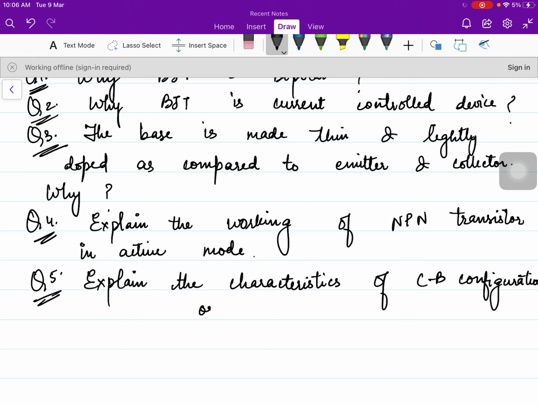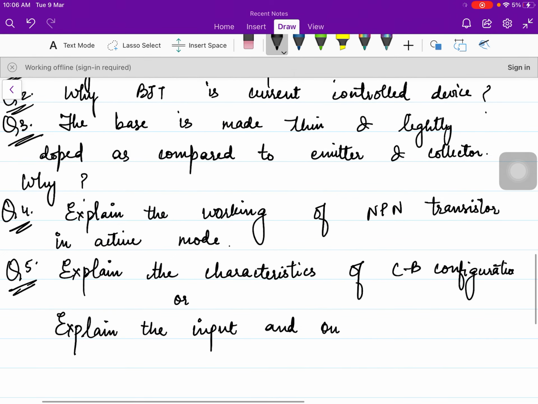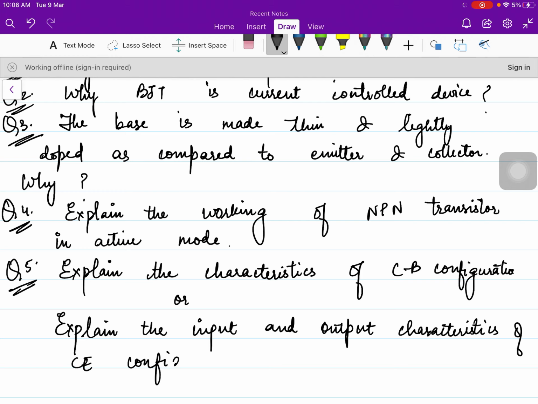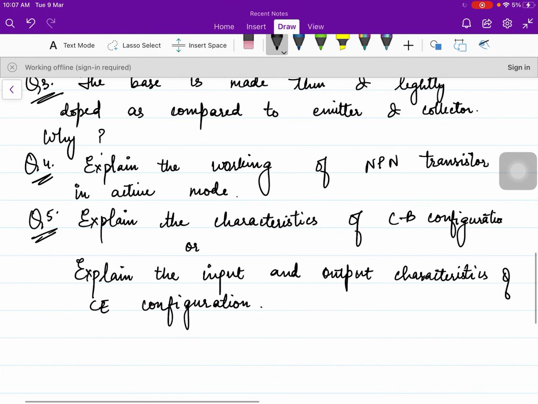Either you will be asked this question, or you will be asked to explain the input and the output characteristics of common emitter configuration. Either of the questions will be surely asked in the exam, I think so, because they both are very, very important, or it could happen that both could be asked. This is a very important topic and we must be well aware of this topic.